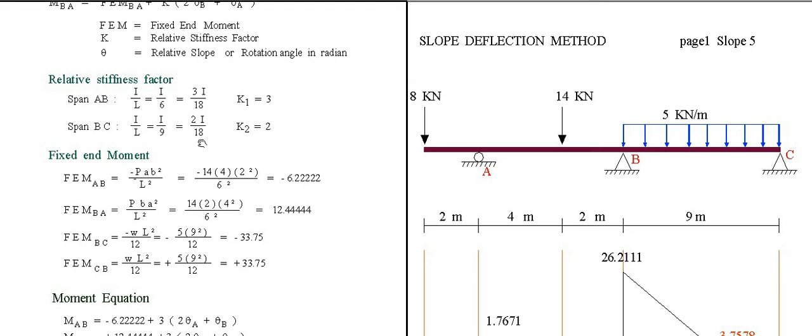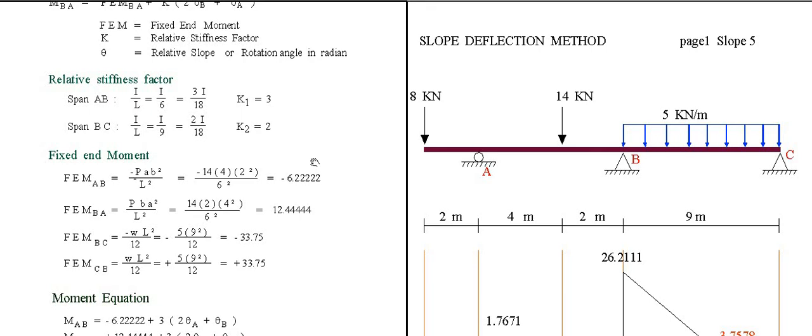Then 18 divided by 6 is 3 times I equals 3I. This 3 over 18 is also 1/6. And 18 divided by 9 is 2 times I is 2I. So that here at span AB, K is 3. Span BC, the K is 2.